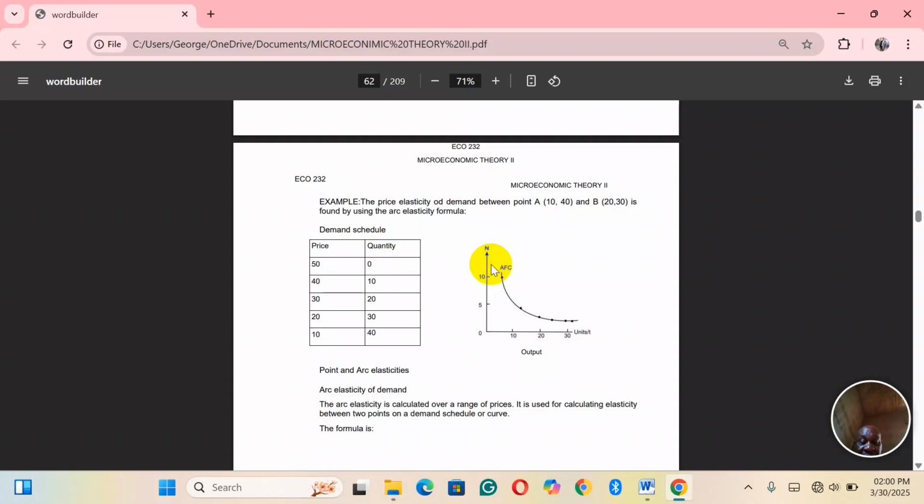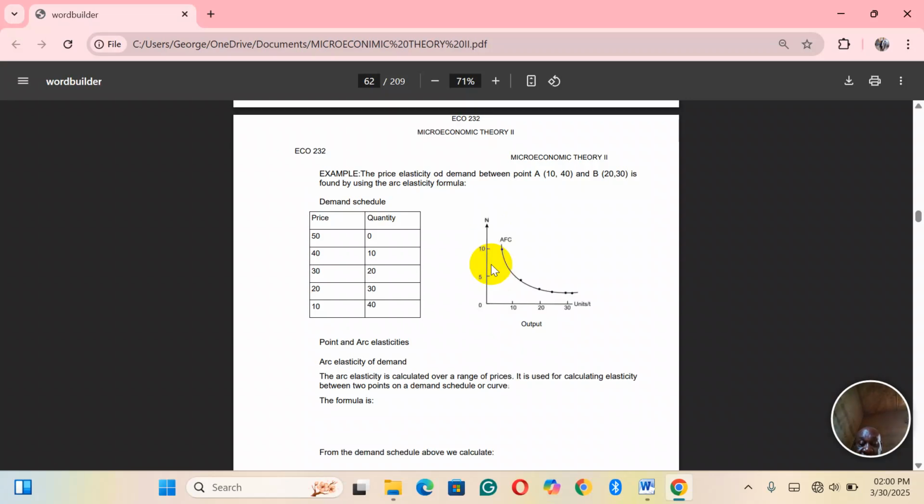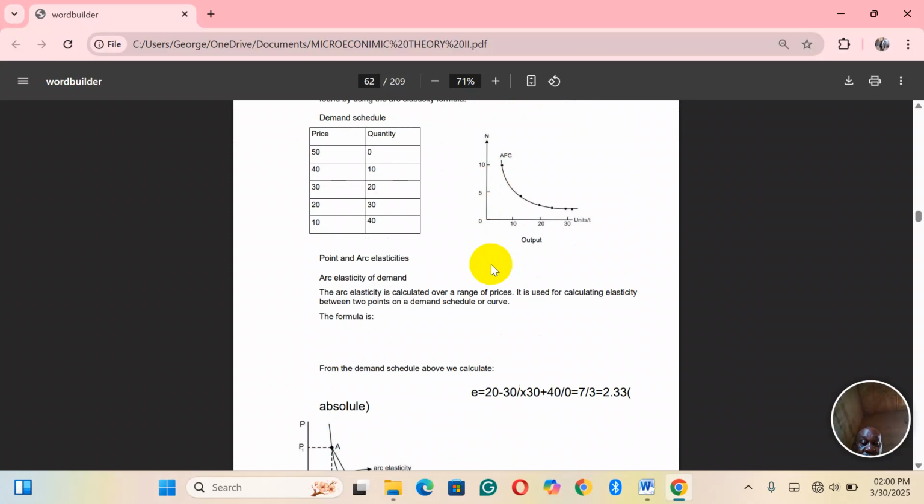So, point and arc elasticity. Arc elasticity of demand: the arc elasticity is calculated over a range of prices. It is used for calculating elasticity between two points on a demand schedule or curve.